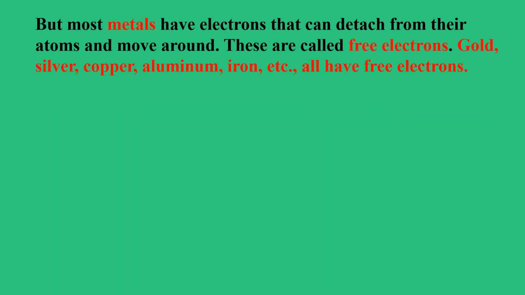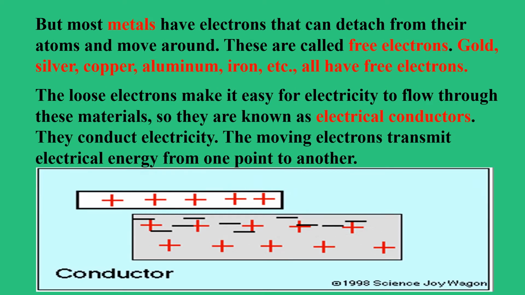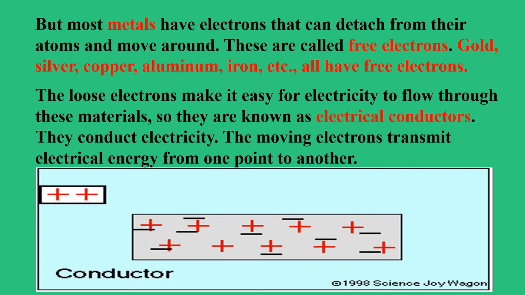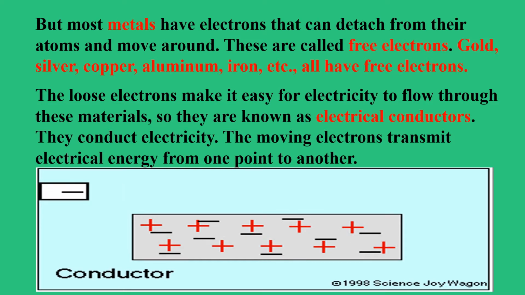But most metals have electrons that can detach from their atoms and move around. These are called free electrons. Gold, silver, copper, aluminum, iron, and so on all have free electrons. The free electrons make it easy for electricity to flow through these materials, so they are known as electrical conductors. They conduct electricity.